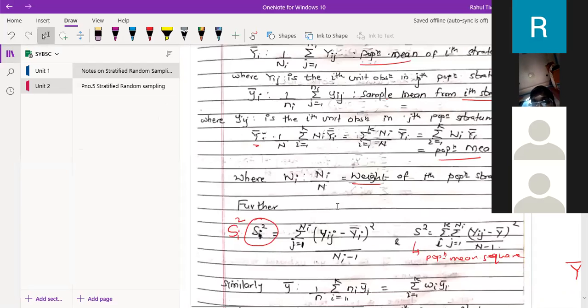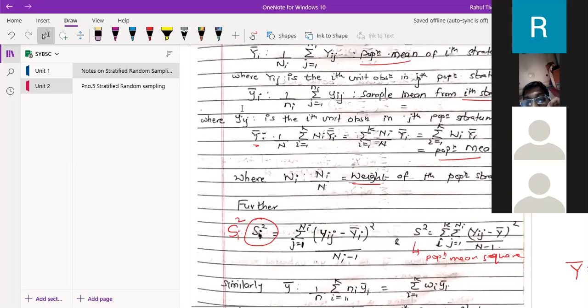See, it is here. y bar i is equal to 1 upon ni, summation over j, j running from 1 to ni, of yij.